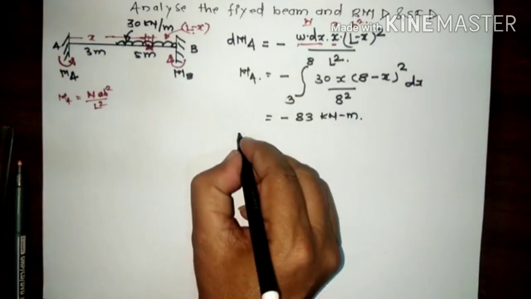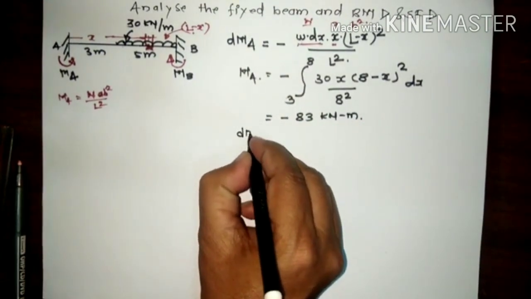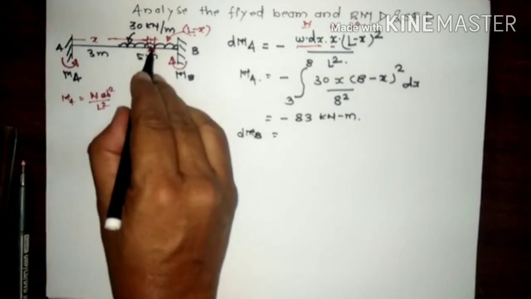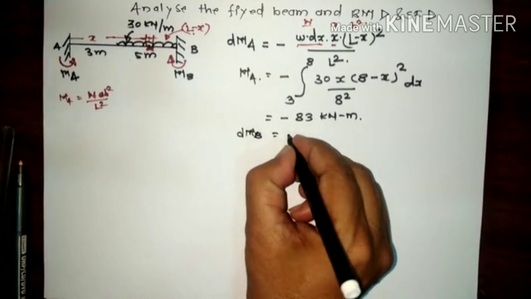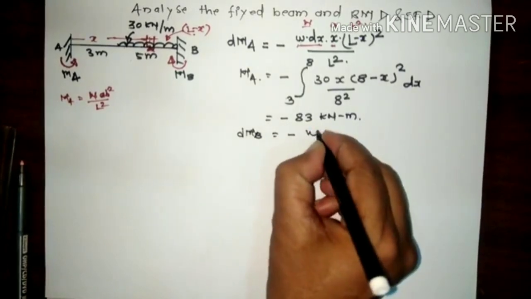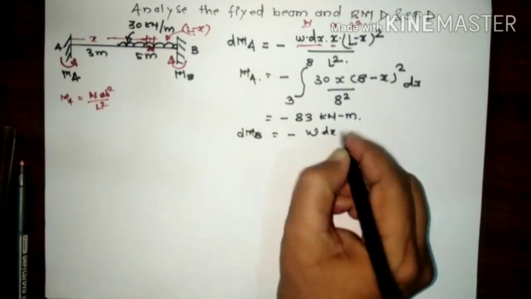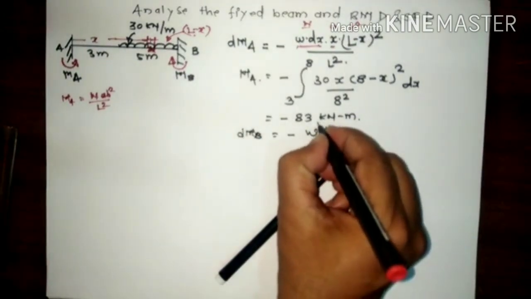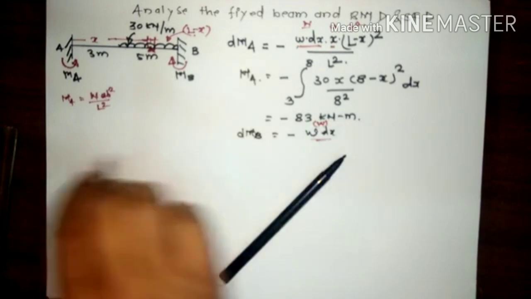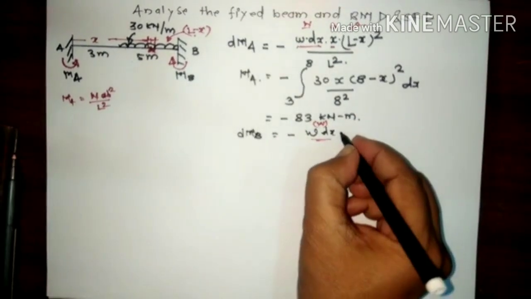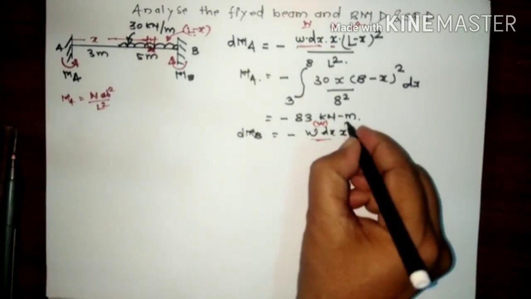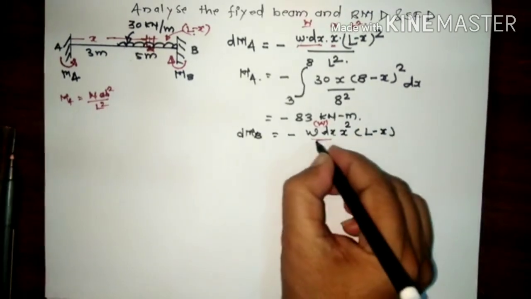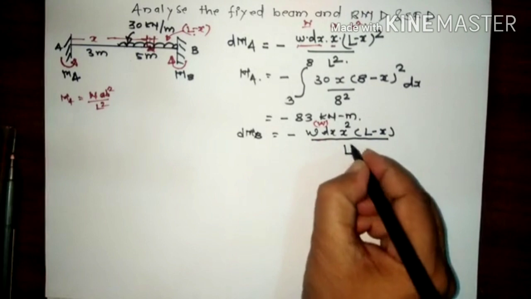In the same way, if we consider this small element here, now the MB is minus W into dx. So this total part is nothing but our capital W. Then x square into (L minus x) total divided by L square.